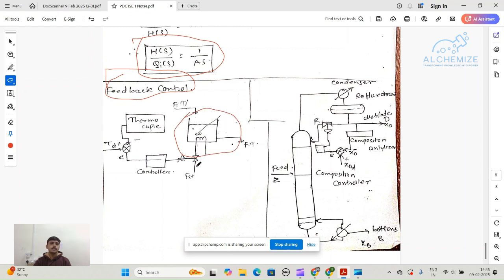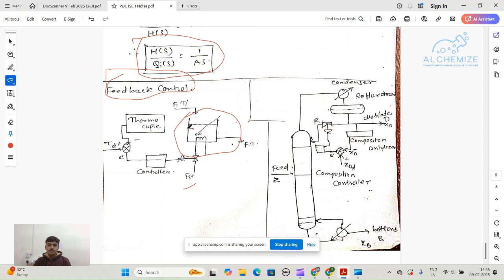For the heating there is one steam, FST, I have provided, and FIT is the input flow, TI is the input temperature, this is the agitator, FI is the output flow, and T is the output temperature.